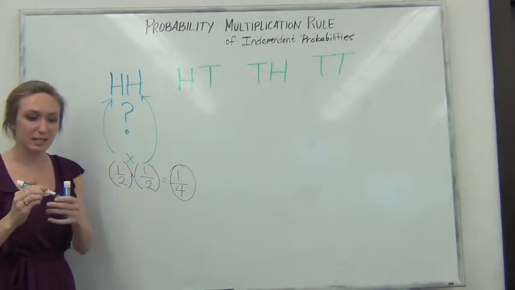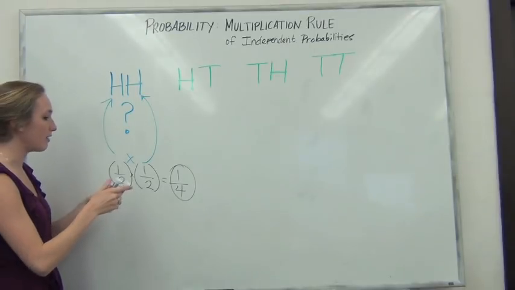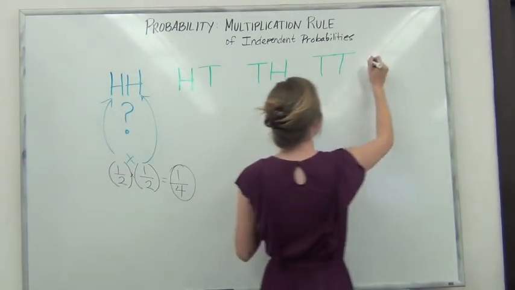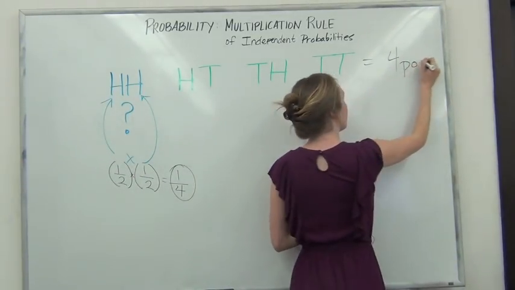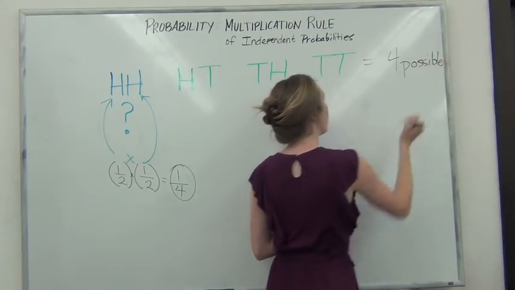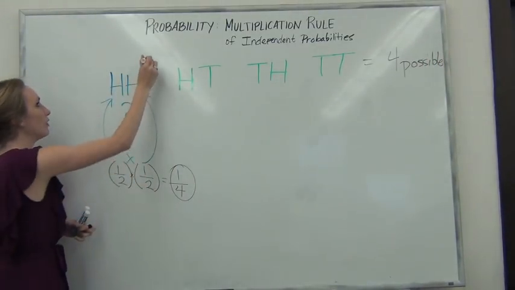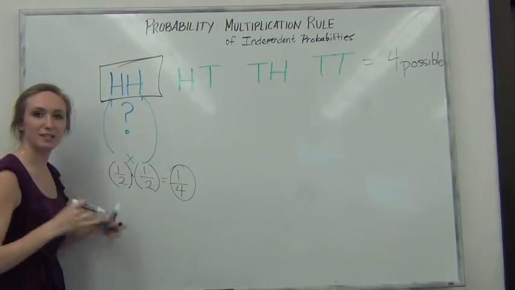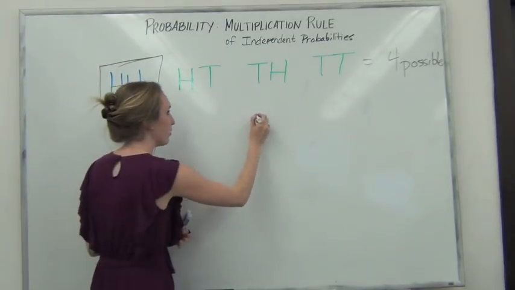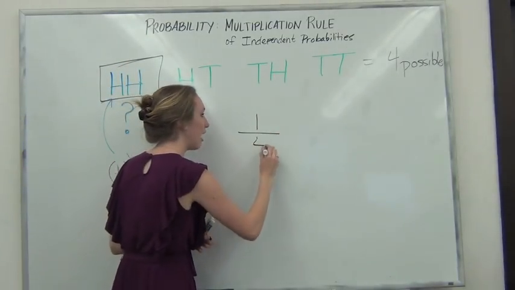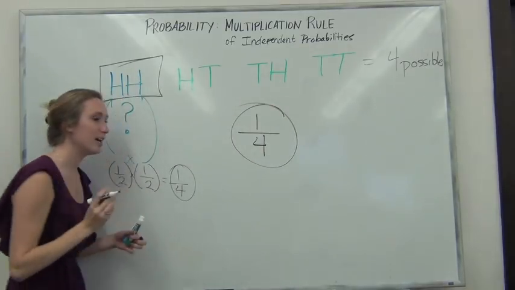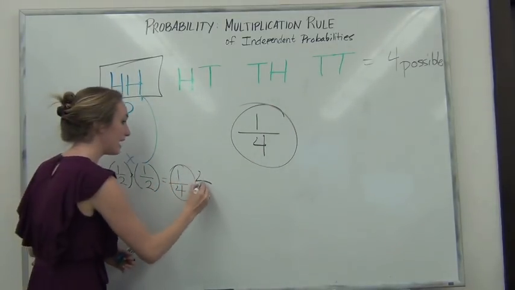That covers all the bases. So as you can see, we have 4 total possibilities, and only one of them fits what I'm looking for. So one combination out of 4 total combinations gives us that 1/4, the same thing that I did there.